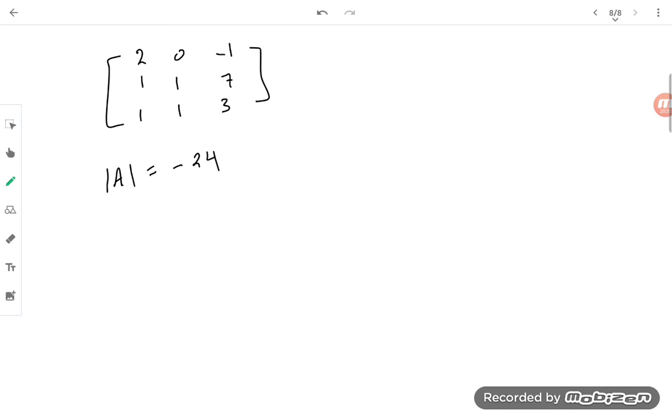So returning back to the original one, which is 2, 0, negative 1, 1, 1, 7, 3, 3, 9, we can multiply the first row by 2, for example, and then calculate the determinant once again. It will be the determinant multiplied by 2.